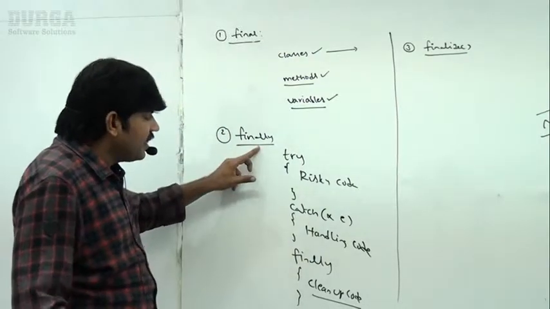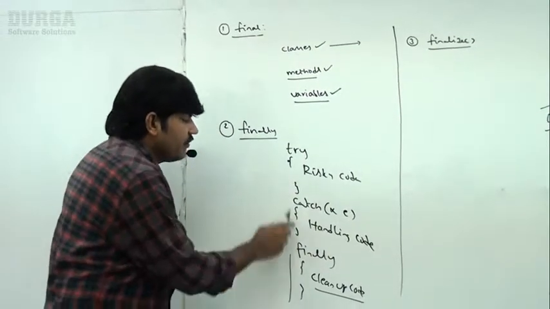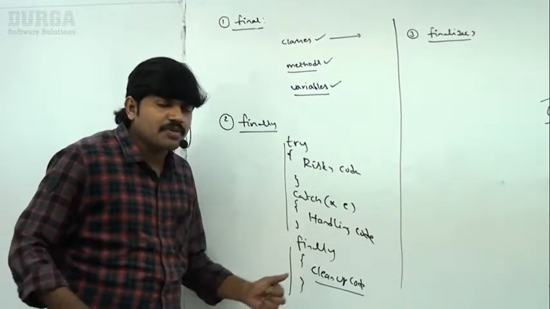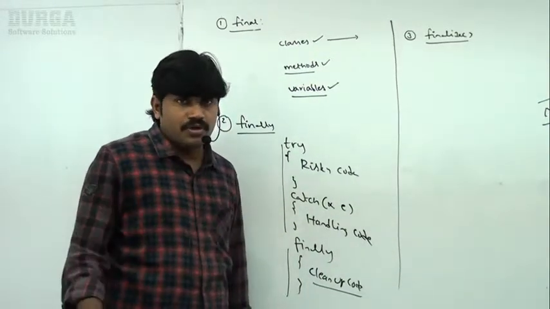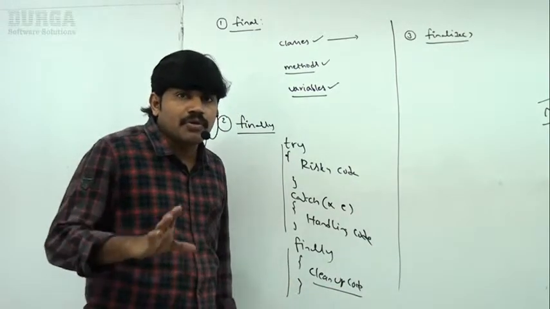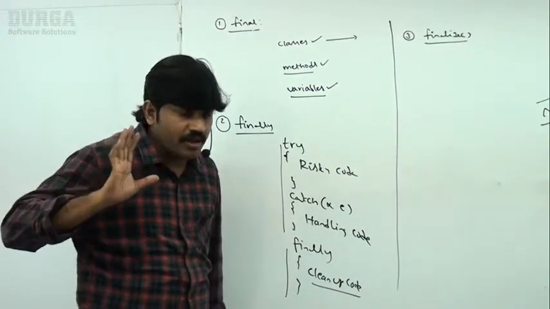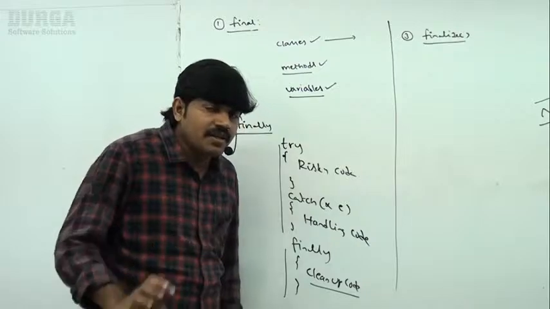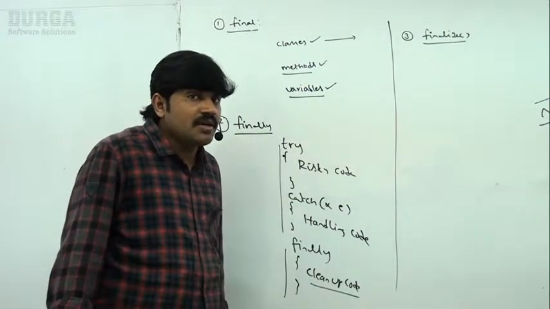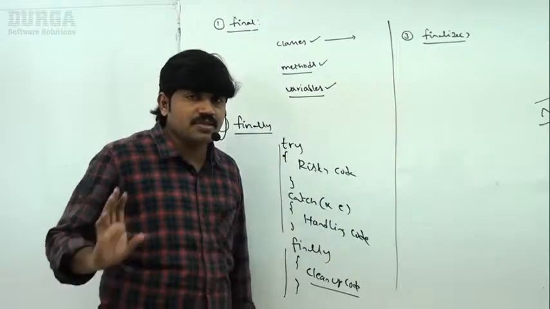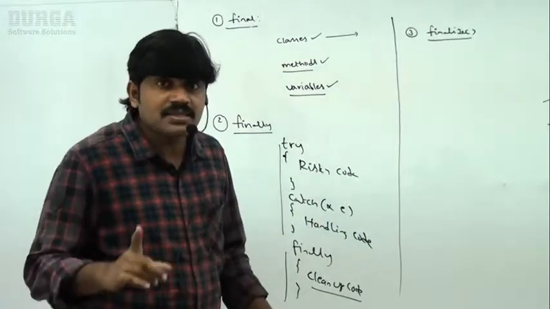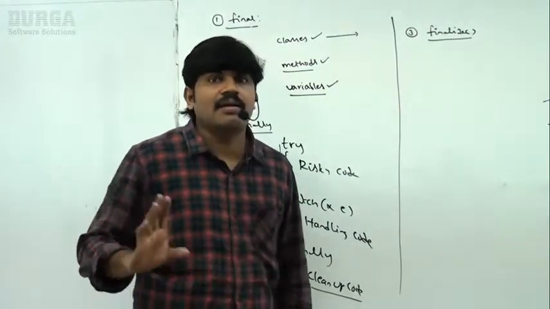Next, finally is a block associated with try catch. The main purpose of the finally block is to maintain cleanup code. That is the purpose of the finally block. The speciality of the finally block is that it will be executed always, irrespective of whether an exception is raised or not raised, handled or not handled.